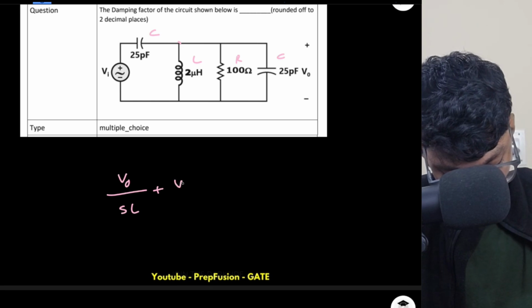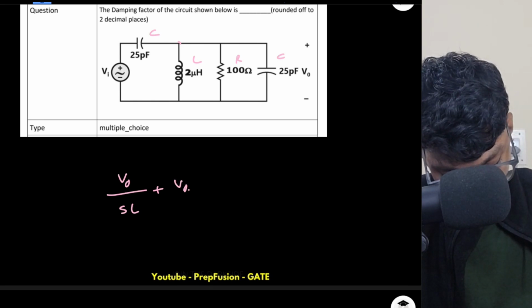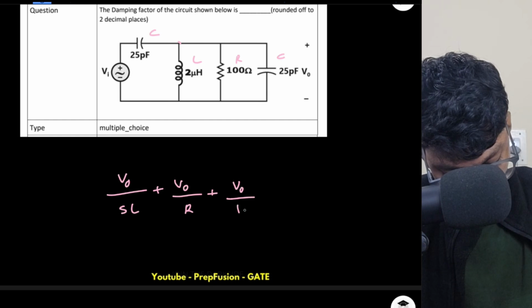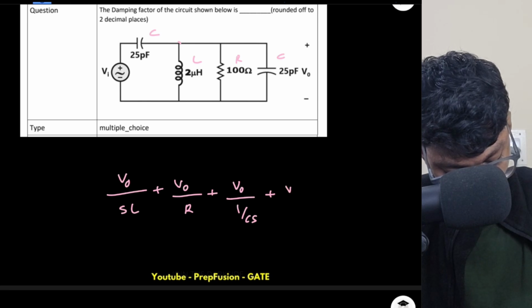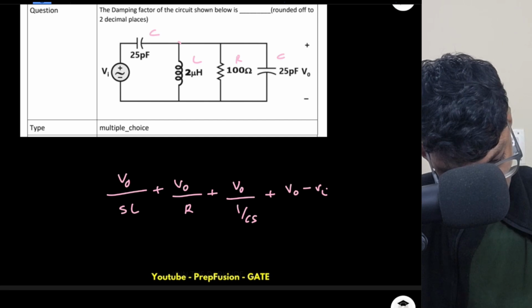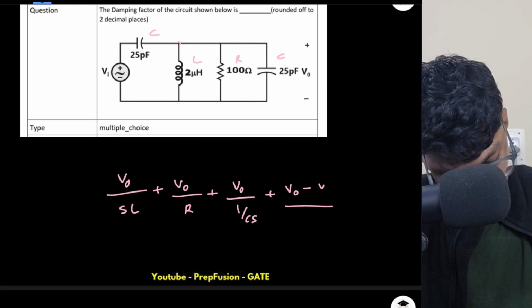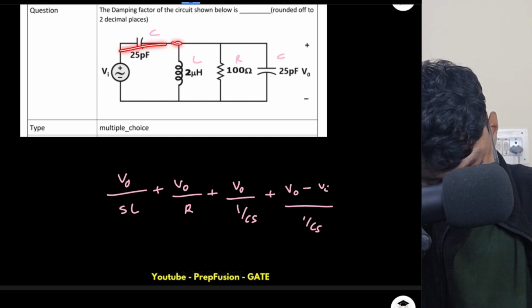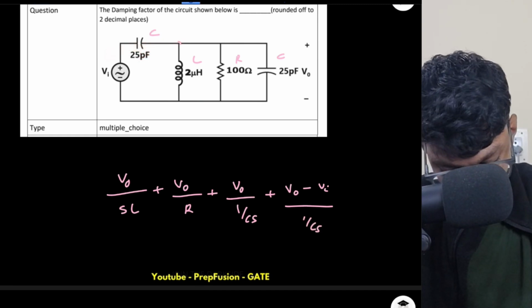This will be VO by LS plus VO divided by R plus VO divided by 1 by CS plus (VO minus VI) divided by 1 by CS equals 0. I'm writing this KCL equation.